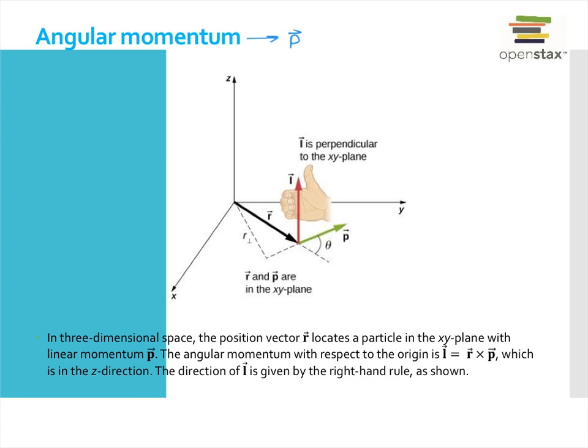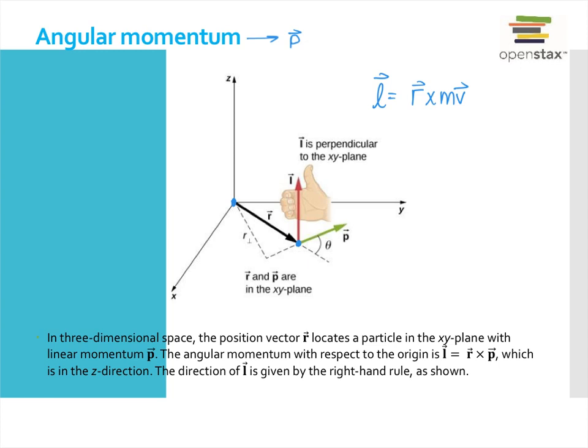And when we measure the angular momentum, it is measured relative to some origin or some point or axis. So for instance, in this drawing, we're measuring the angular momentum of an object that's moving with a momentum as shown, relative to the origin of this 3D space.